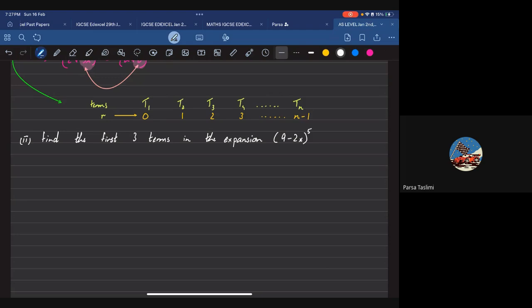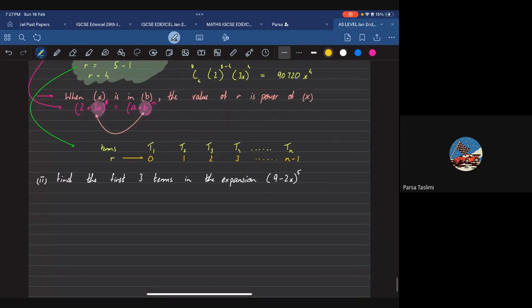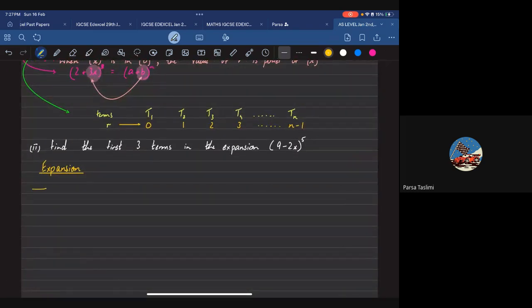Now, this is where the examiner is going to be requesting expansion from you. Before, it was finding out a particular term, now it's going to be expansion. And how are you going to do that? Let's see.